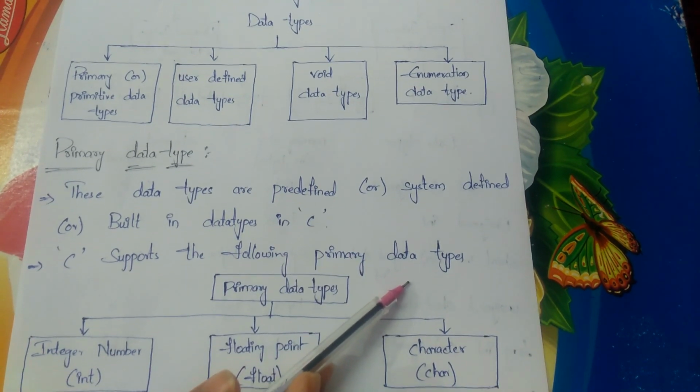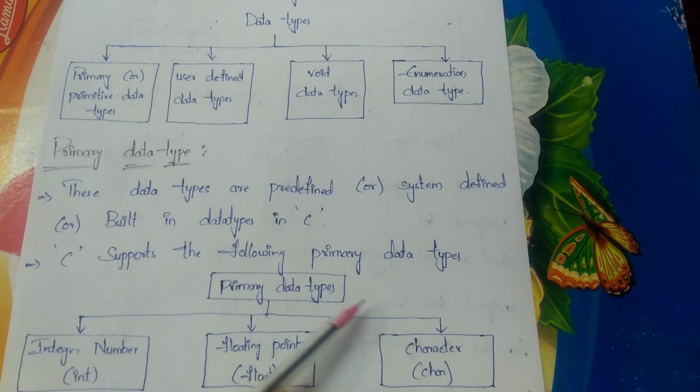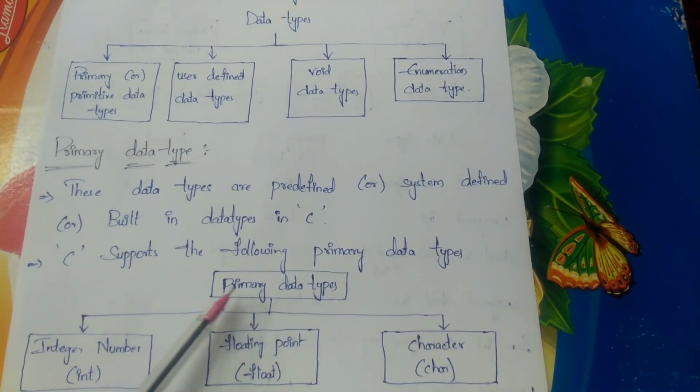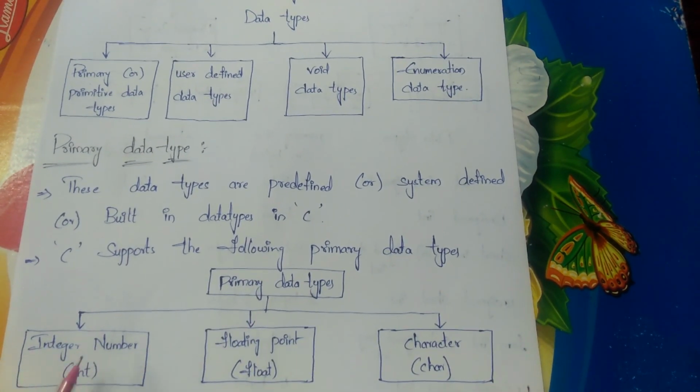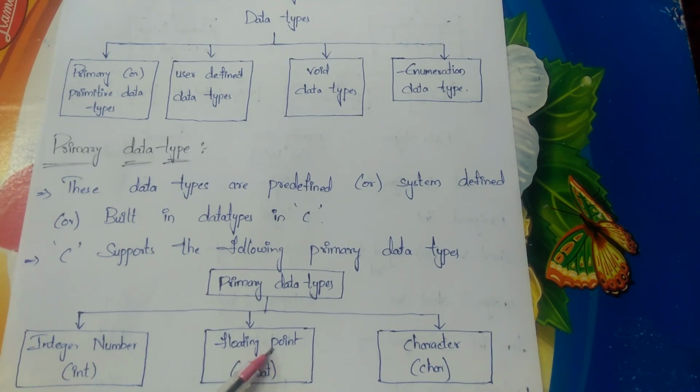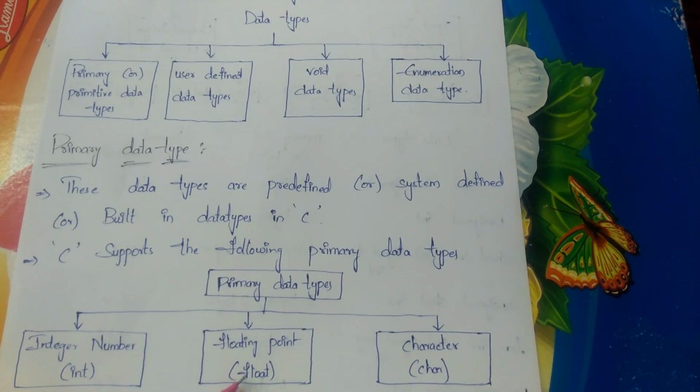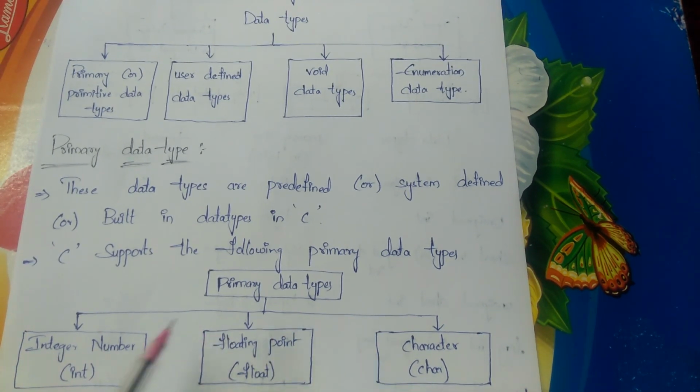We have integer numbers, for which we use the keyword int, floating point, for which we use the keyword float, and character type, for which we use the keyword char. So these are the three types of primary data types.